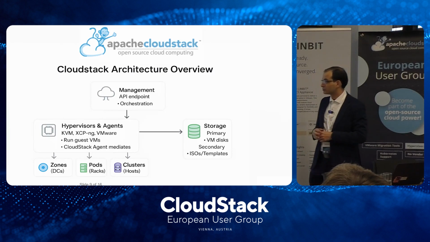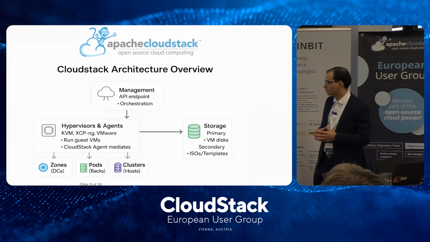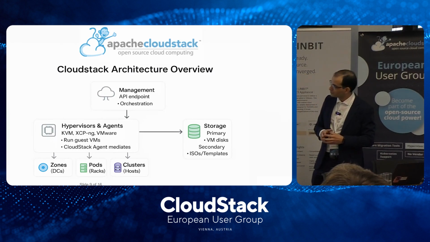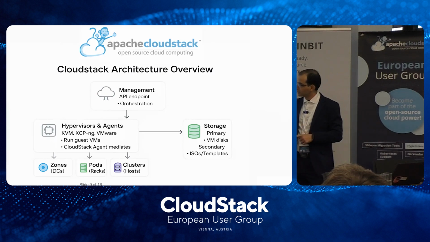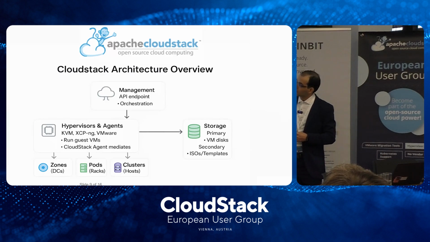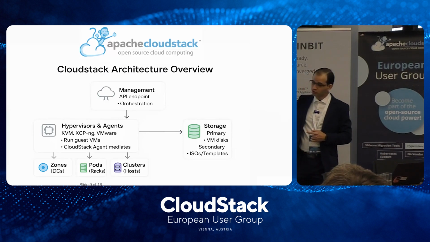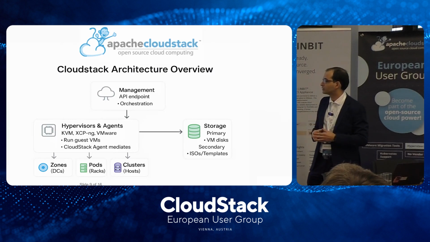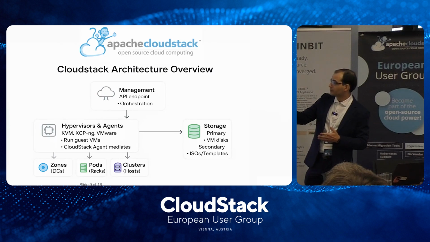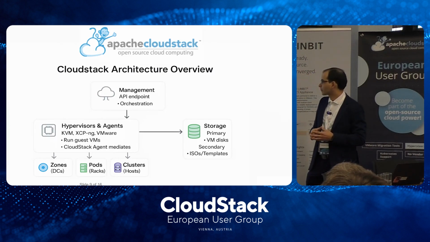We can use almost every hypervisor, but I have used basically KVM and XCP-ng. In those hypervisors, you need to install the CloudStack agent, which is the tool that mediates between the CloudStack management server and the hypervisor to manage the resources. And of course, the hypervisors are the ones that run the virtual machines.